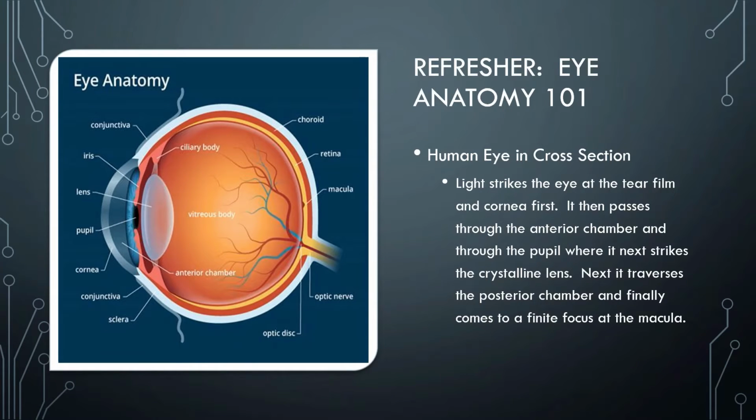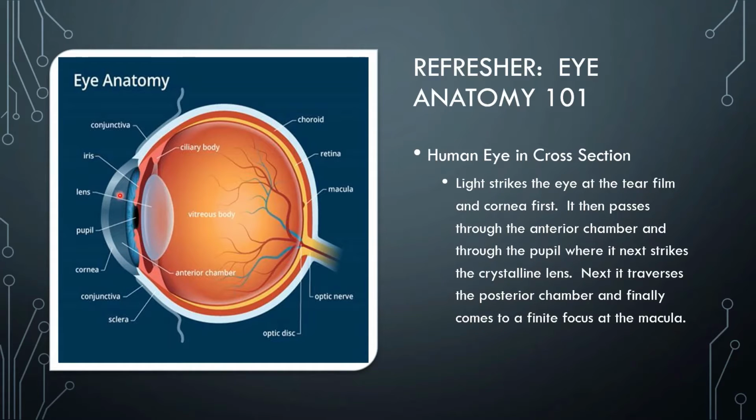Before we talk about the imaging itself, we should discuss eye anatomy a little bit and brush up on how things work. This is a cross-section of a human eye, and on the front is the clear window called the cornea.